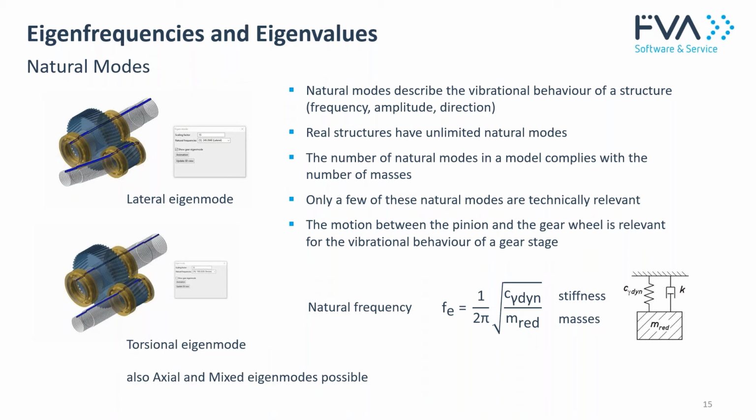These are the ones which occur at operating speeds and where the gears are moving against each other, in phase or out of phase, the moving of this gear mesh. We can derive lateral, torsional, and mixed eigenmodes, and auxiliary swing modes. These animations you can directly get from the FVA Workbench.